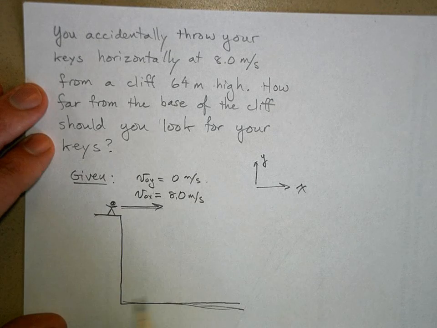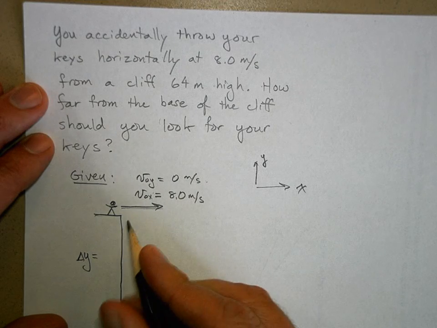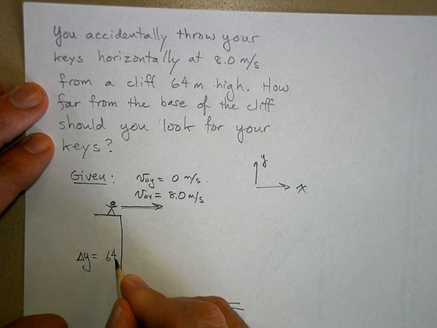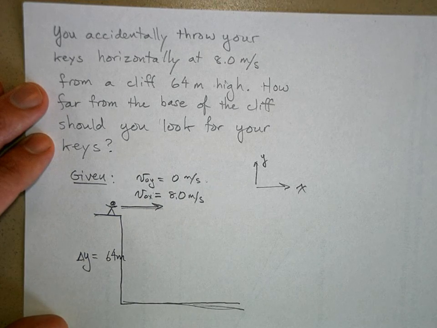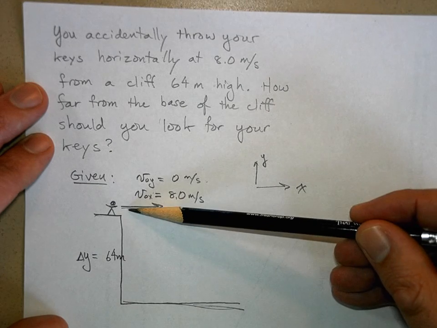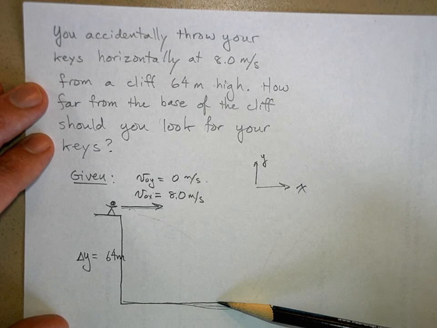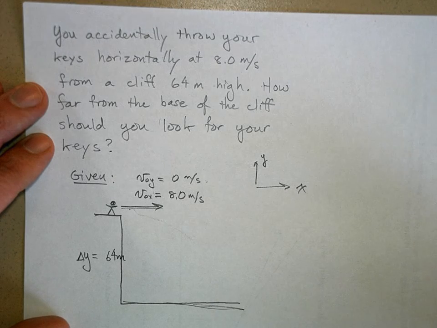Now the keys are going to fall down how far? Delta y equals 64 meters. But it's down, right? The keys start way up here and they fall down. So delta y is really negative 64 meters.